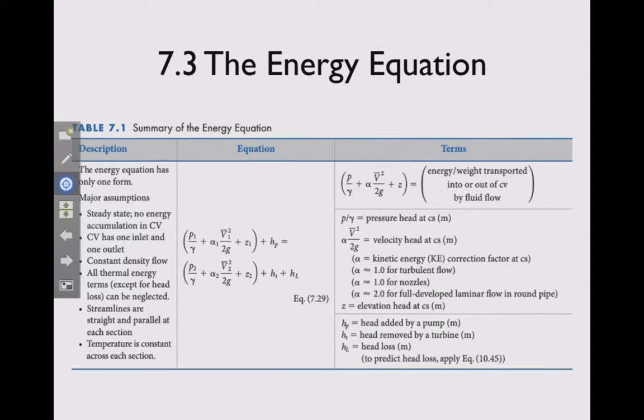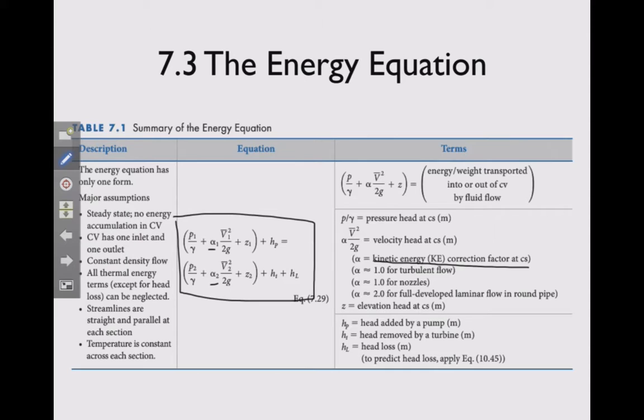So we're back to our summary of the energy equation. We now have an equation that we can work with. It looks an awful lot like Bernoulli's principle. We're going to apply it in a very similar way, although we're going to have to deal with the alpha term, the kinetic energy correction factors, which are right here. These are multiplying the velocity heads.